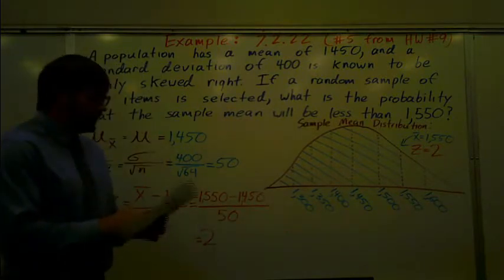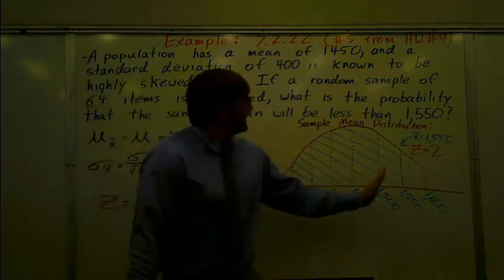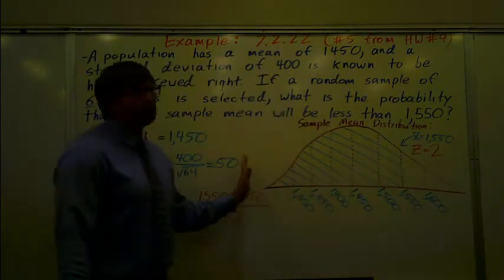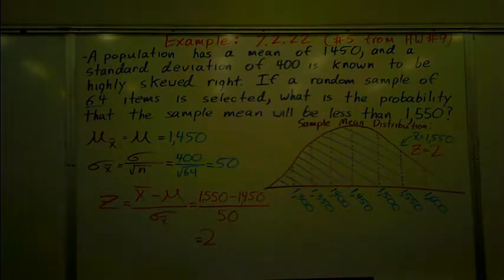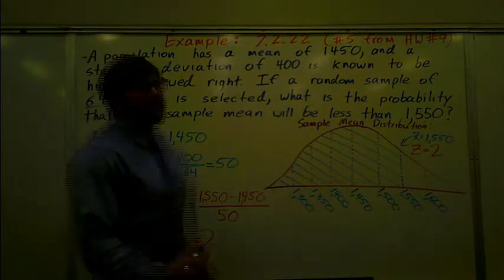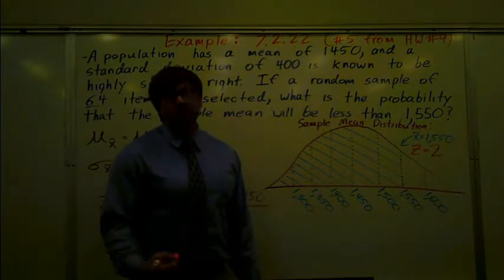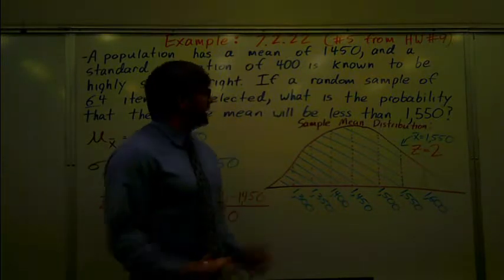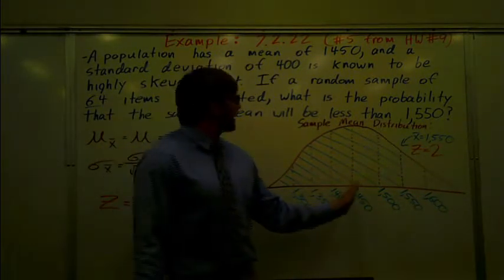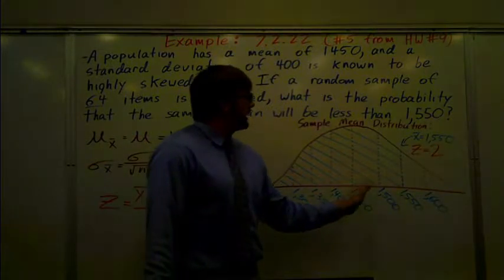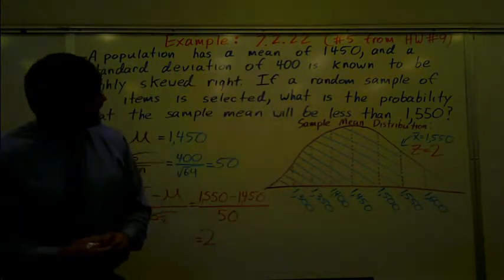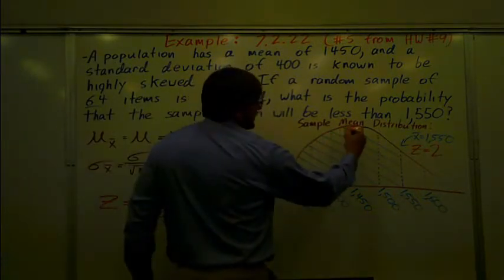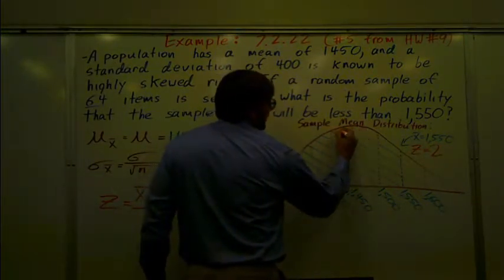So what we need to do now is just find the area to the left of a z-value of positive 2. Now, to do that, I go ahead and use the chart in the back of your book. The chart gives you probabilities between 0 and positive z-scores. So I'm first going to think about this in two different areas.